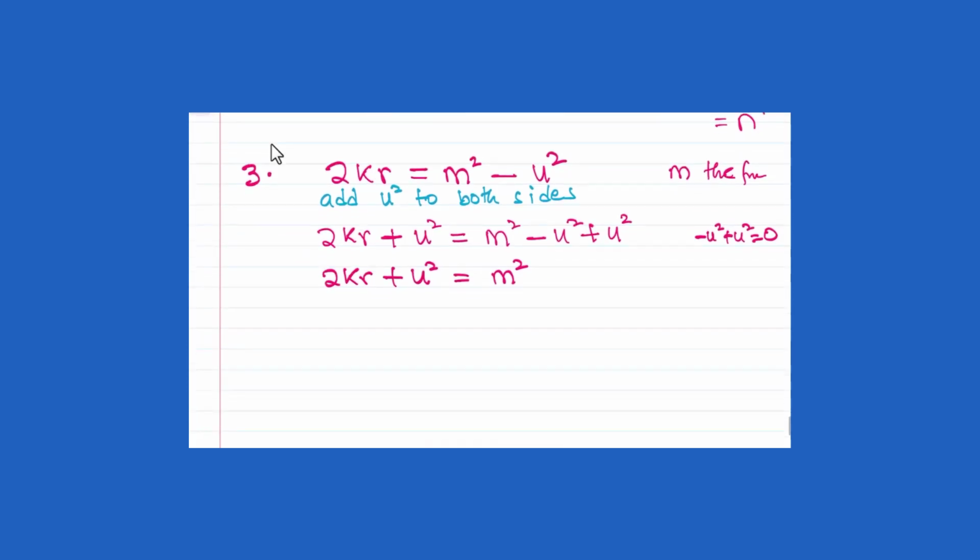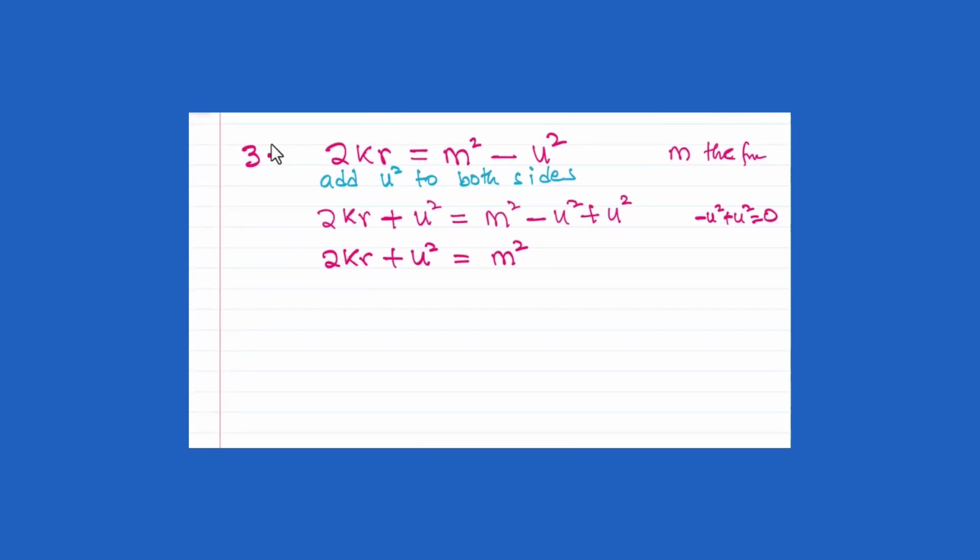Since we are working with m, we can rearrange to put m on the left hand side. You can work from there if you like, but just to organize our work, we have m squared equals 2kr plus u squared.